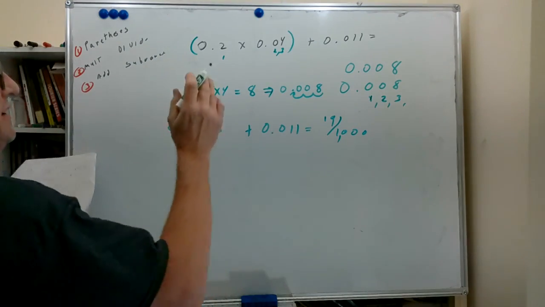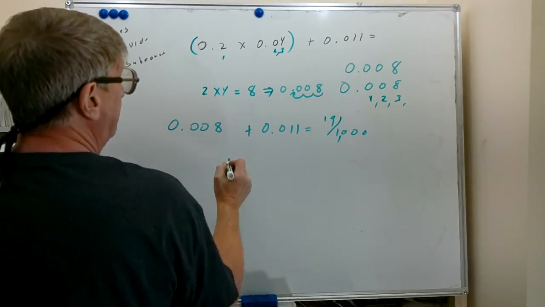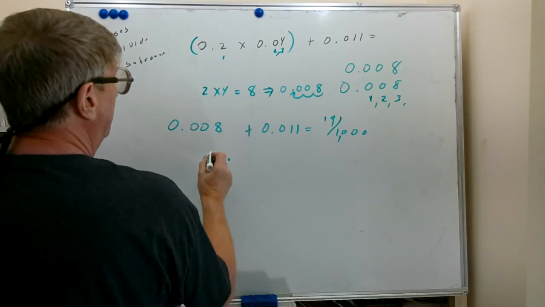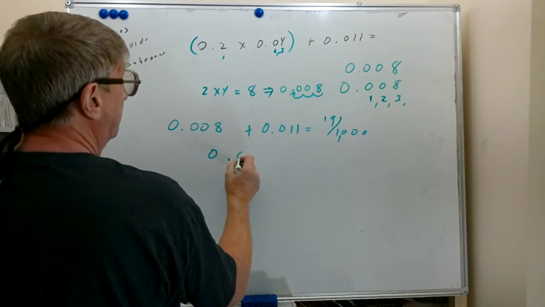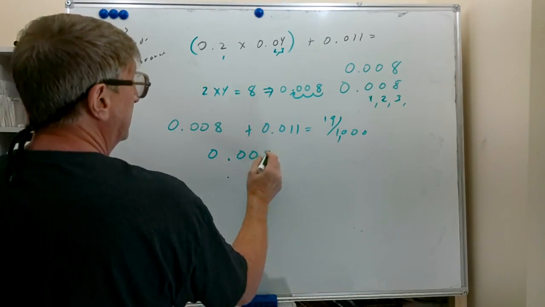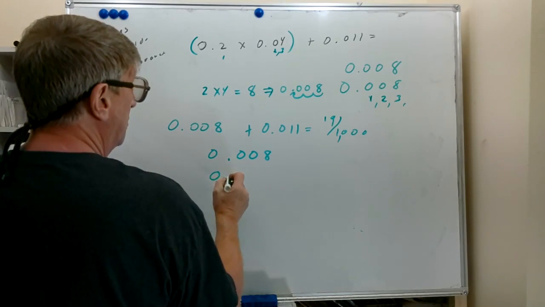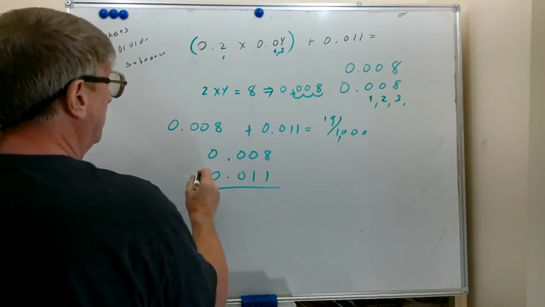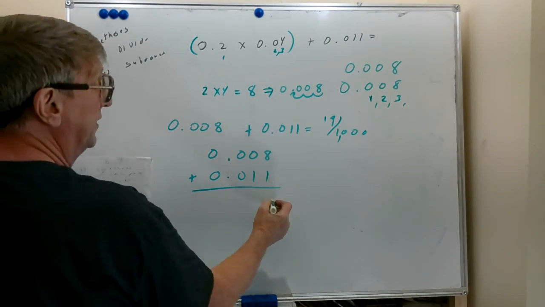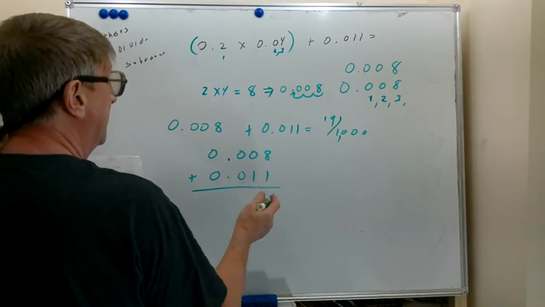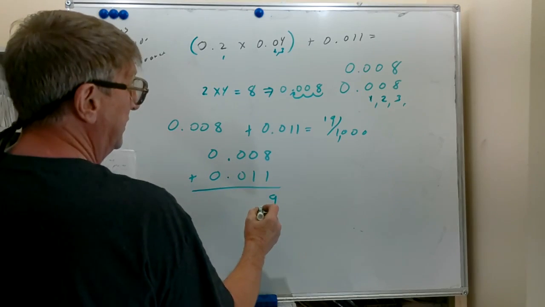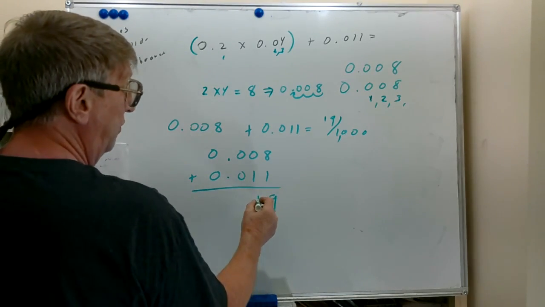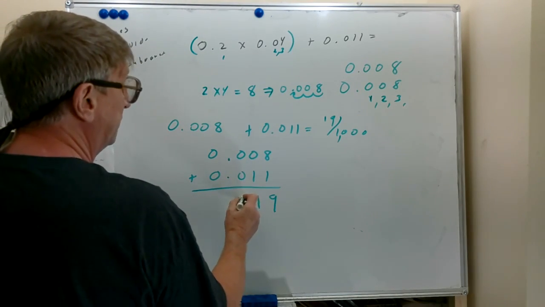But let's go back to how we added decimals. Let's line up our decimal points and write the first number in, 0.008. Write the second number in, 0.011. And this is a plus. 8 and 1 is 9. Nothing to carry. 0 and 1 is a 1. 0 and 0 is 0.